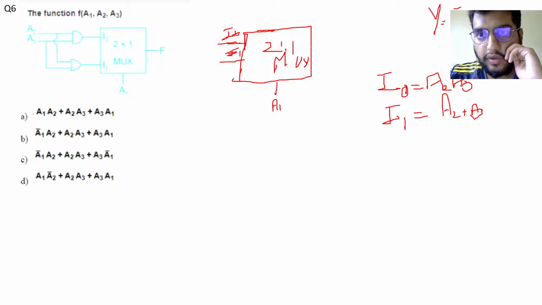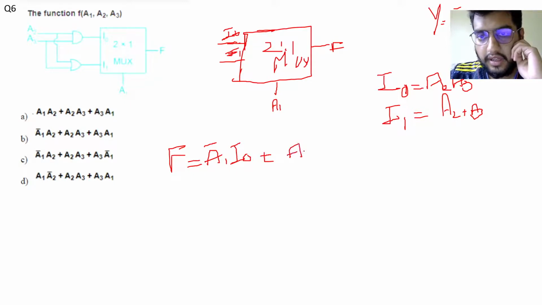We are required to find F. So F will simply be equal to A1 bar I0 plus A1 I1. If you have time, always break these problems into steps. That will be quite helpful.